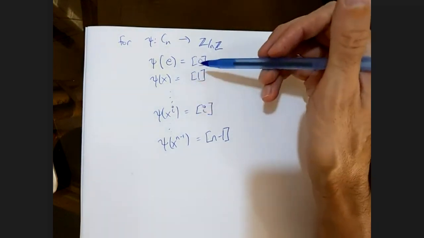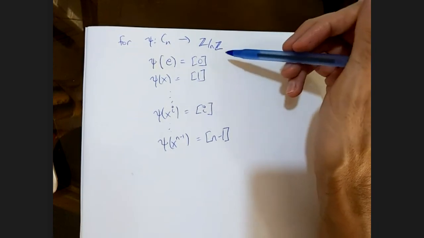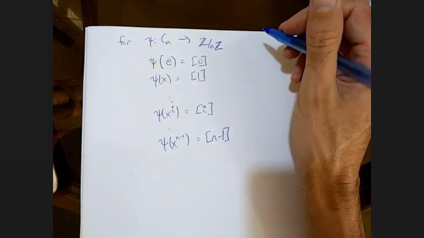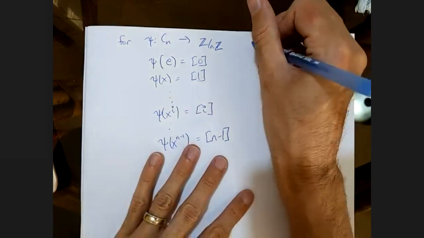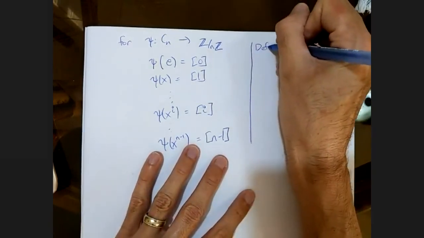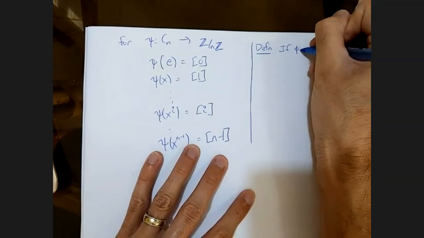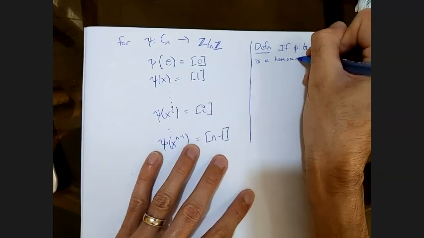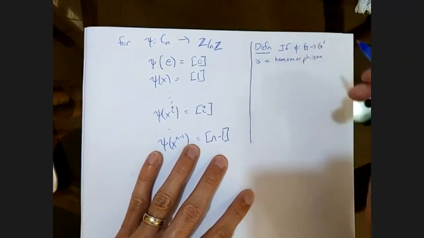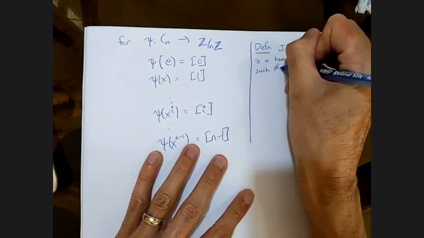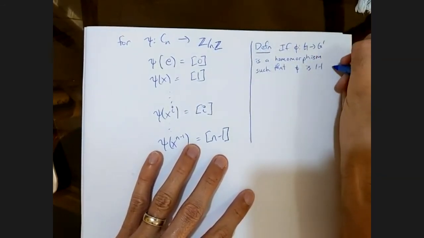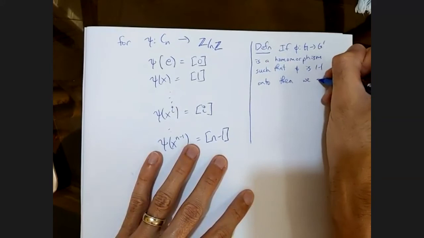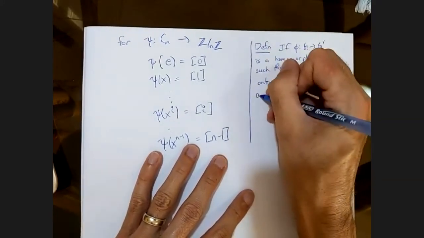So we have a function, it's one-to-one and onto, and it's a homomorphism. So we give these a special name, we call them isomorphisms. So here is a definition. If phi from G to G prime is a homomorphism such that phi is one-to-one and onto, then we call phi an isomorphism.